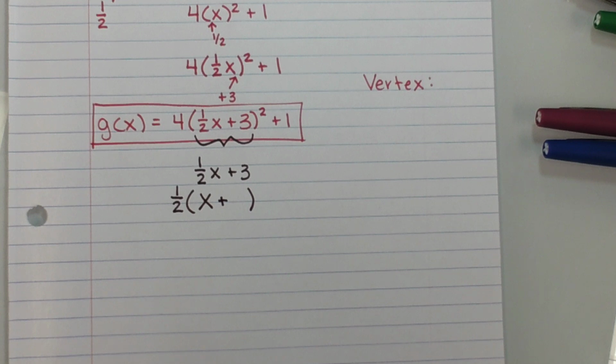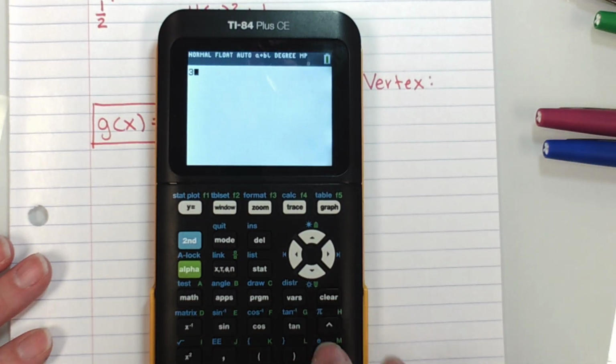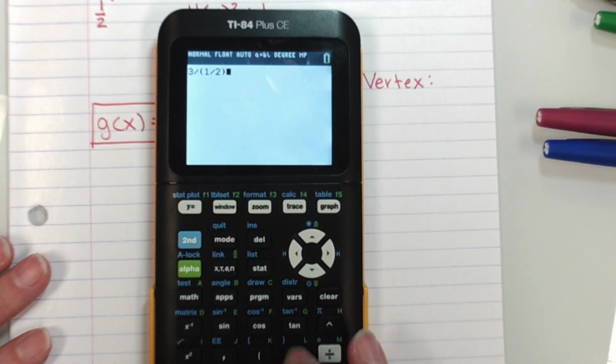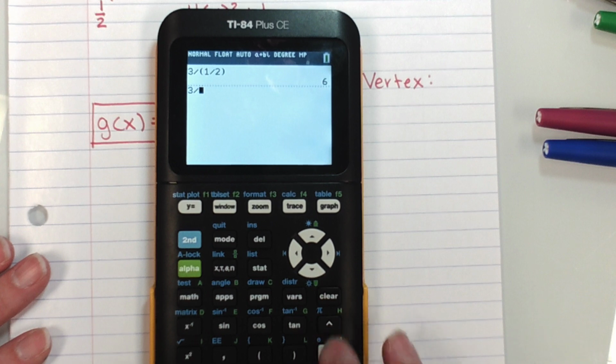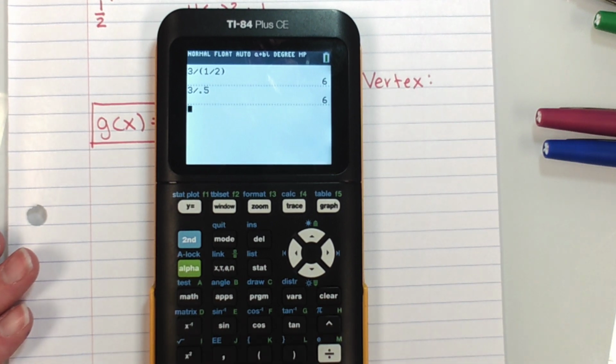6. It is 6. To divide by a fraction is to multiply by its reciprocal. 3 divided by 1/2, which you can use a calculator for. 3 divided by, now if you're going to do a fraction, put it in parentheses. Or if you know that a 1/2 is 0.5, you can do it that way. Either way, 3 divided by 1/2 is 6.